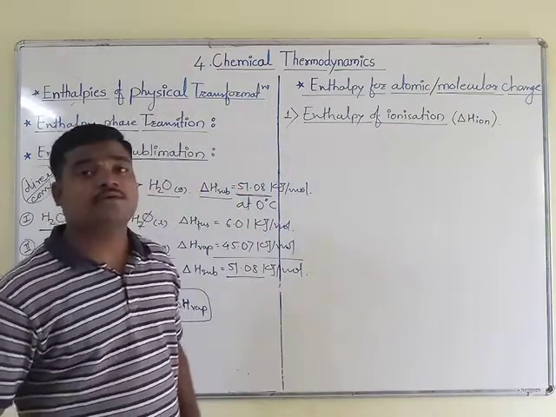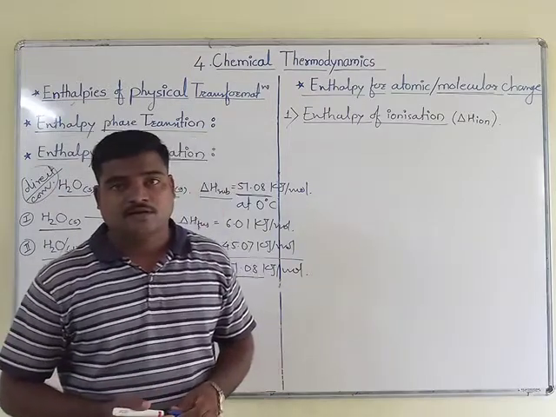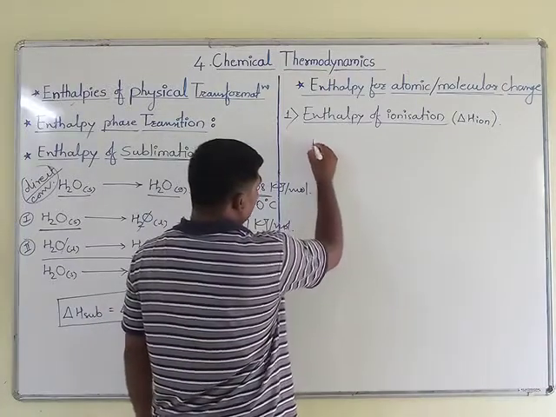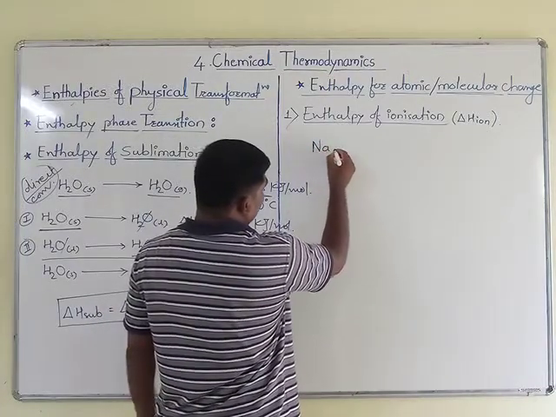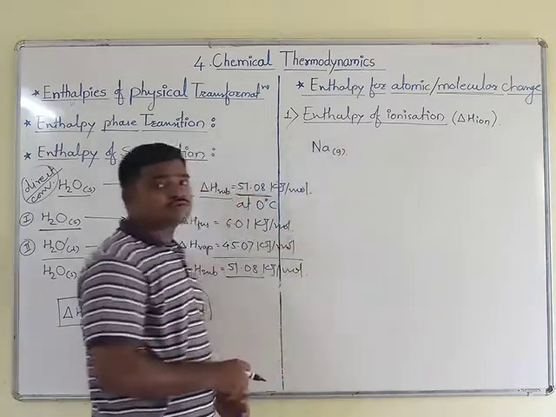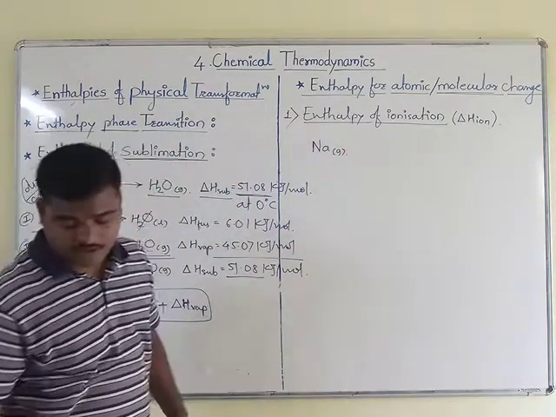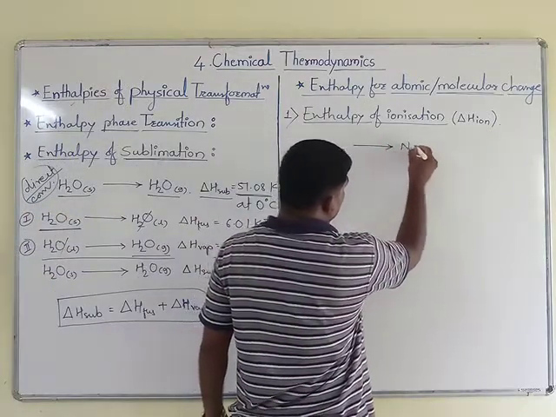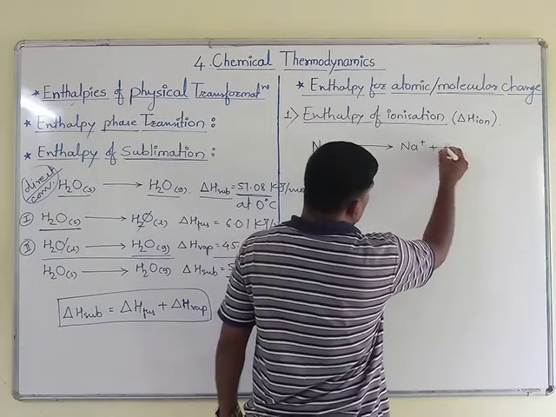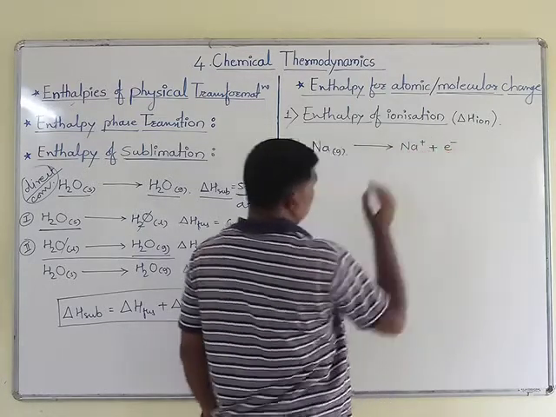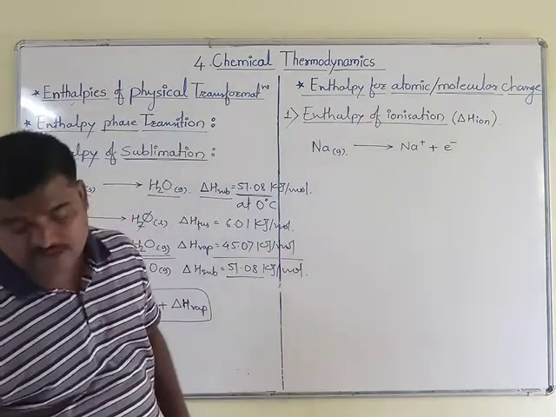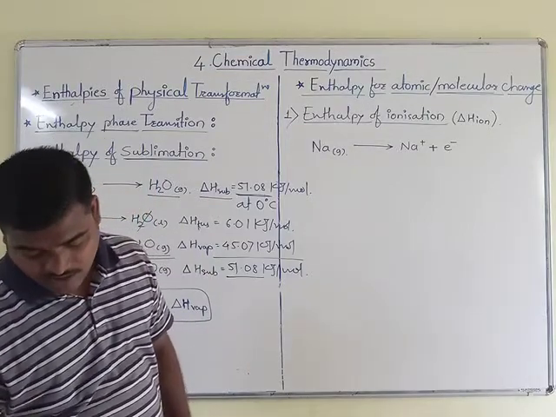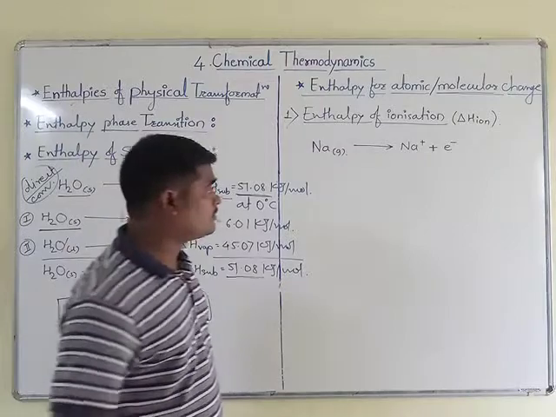Now let us consider one example, which is sodium. In the statement I have said that the atom should be in the gaseous state. So when a sodium atom converts into the corresponding sodium ion with the loss of one electron, that process is called ionization, and the enthalpy for this ionization is 494 kilojoule per mole.